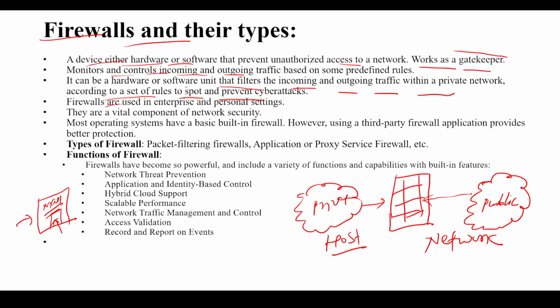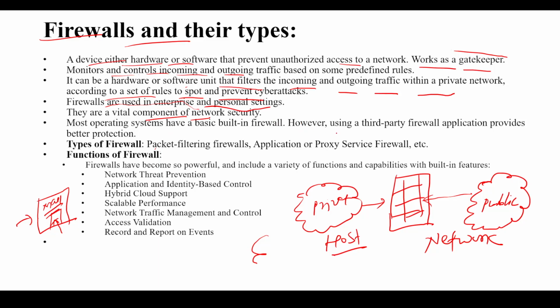They are used in enterprise and personal settings as well. In our personal host system we can also install a firewall. They are important aspects of network security, and nowadays all operating systems provide firewalls.